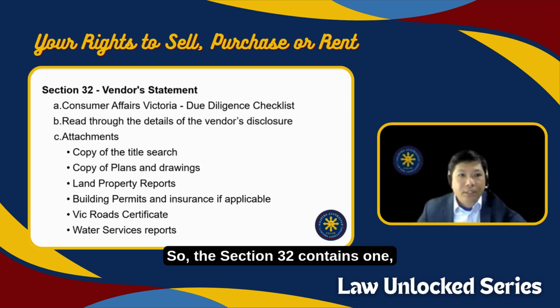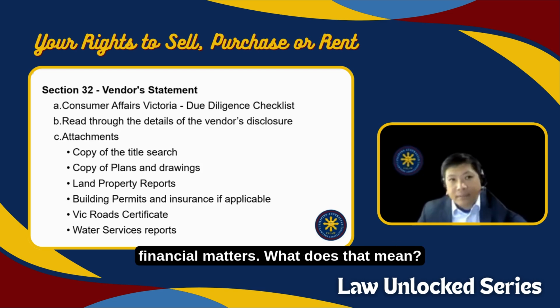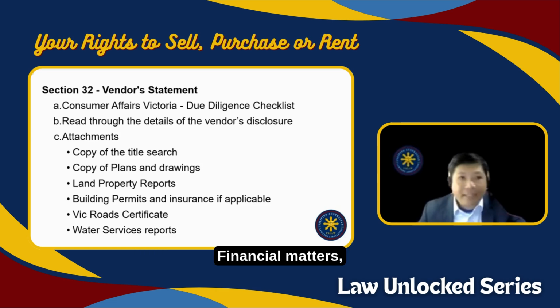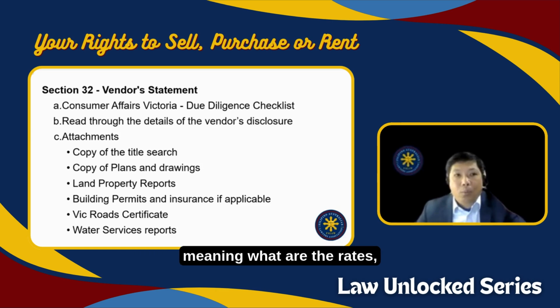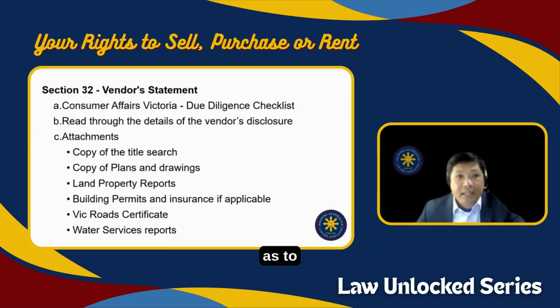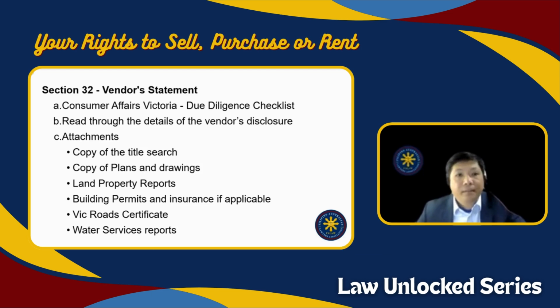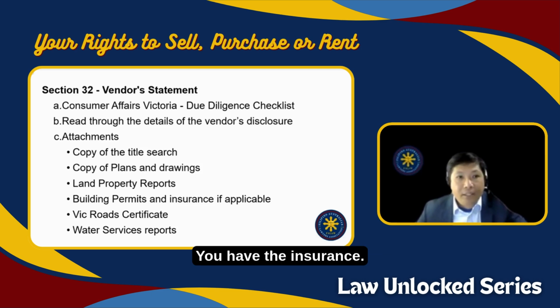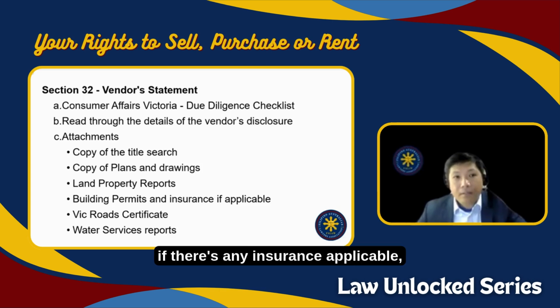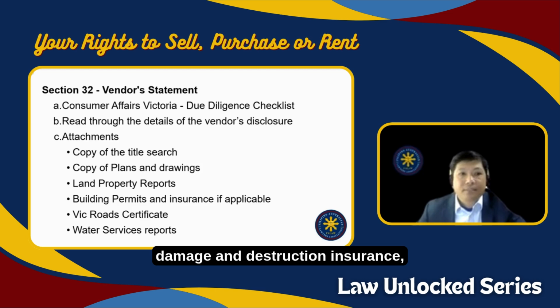The Section 32 contains, one, financial matters. What does that mean? Financial matters meaning what rates, duties, and taxes are outstanding on the property that you're buying. Are there any rates and taxes due? You have the insurance, if any is applicable, like owner builder's insurance, damage and destruction insurance.